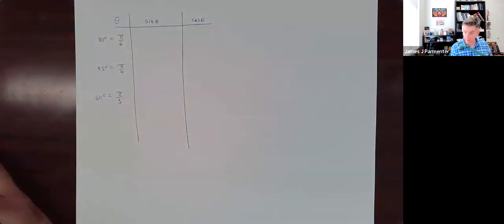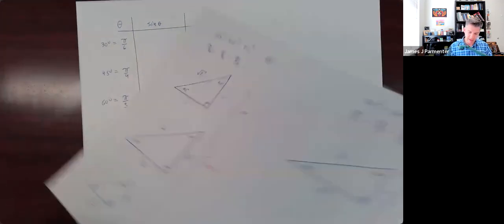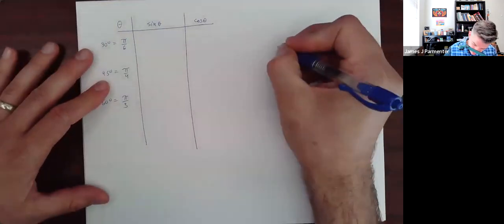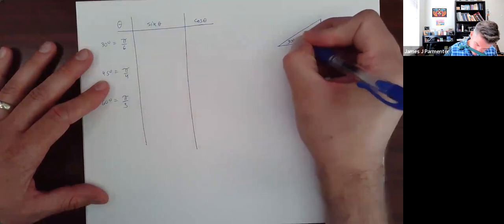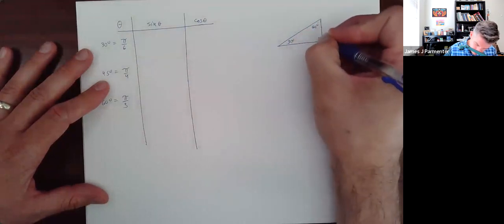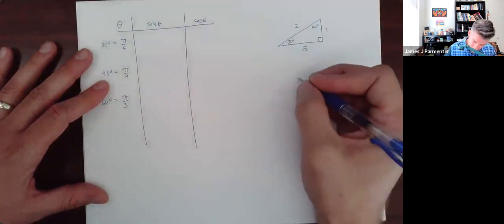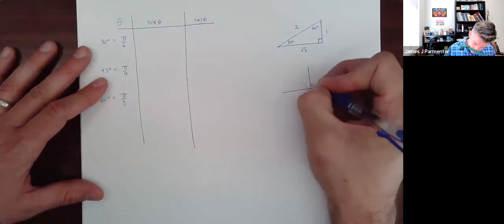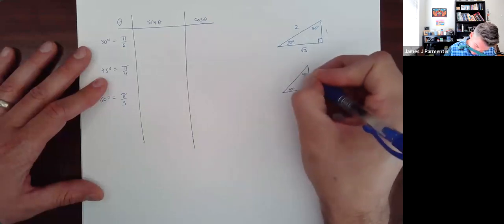So looking back for a second, sine of 30 degrees, if I need to look at my triangle, I should just draw it over here. It's good to be able to draw this triangle on command. So 30 degrees, 60 degrees, 90 degrees, opposite 30 is 1, opposite 60 is root 3, opposite 90 is 2. And then I also need the 45, 45, 90 triangle.